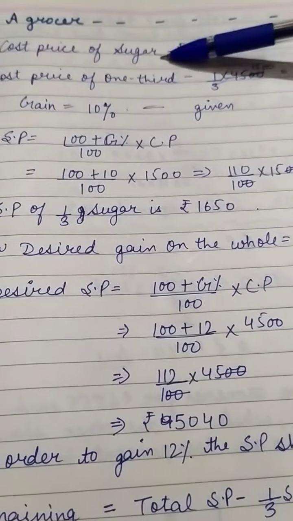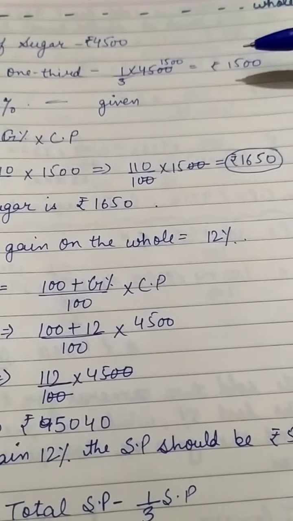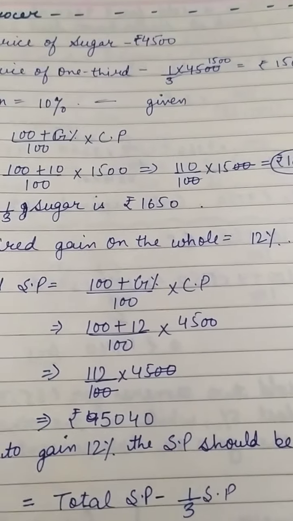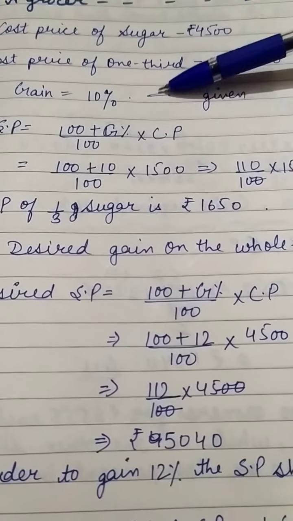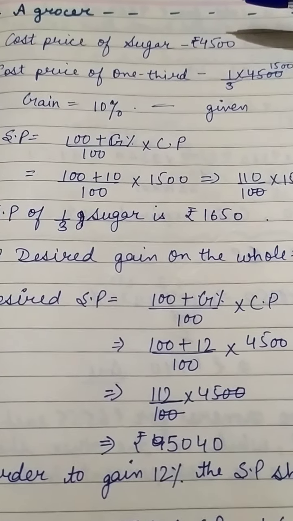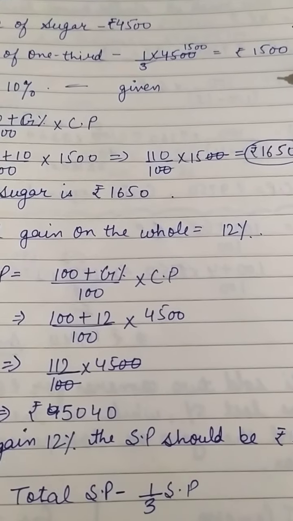So we have to find first of all the 1/3 sugar how much it is. So it is rupees 1500. Okay, and gain is how much? 10%. This is given. So we have cost price also and gain percent also, because here we are finding of 1/3 one.